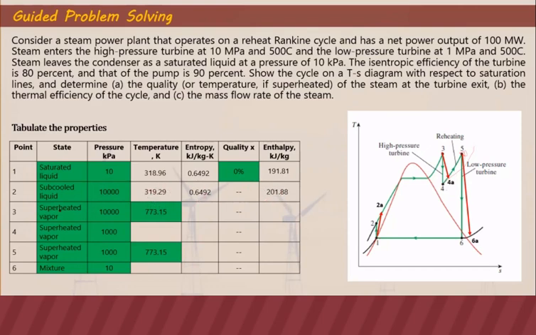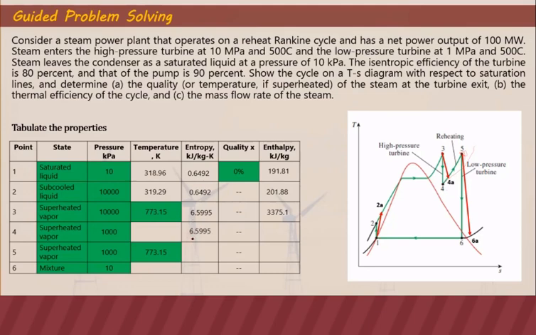Now at point 3, this is a superheated vapor. Since we have two properties given, we can get the other properties using our software. Then at point 4, this is a superheated vapor, but process 3 to 4 is an isentropic process. You can see this is a vertical line, that's why it has the same entropy as point 3.